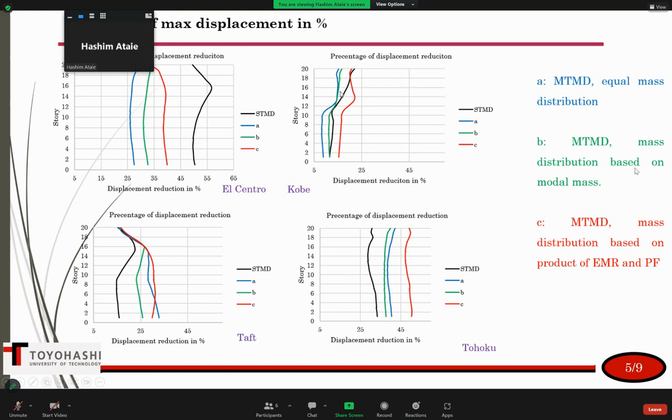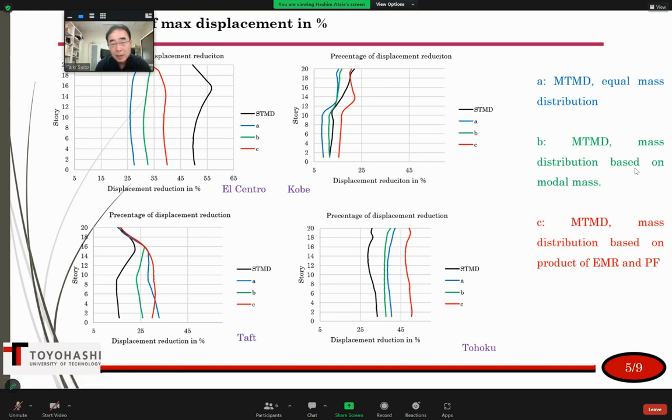Here, the third method is better even than single TMD. Here also it is better than all of them, just for 4 stories equal mass is better, but in other cases the third method is better. In the next case also we can see that the third method is much better.